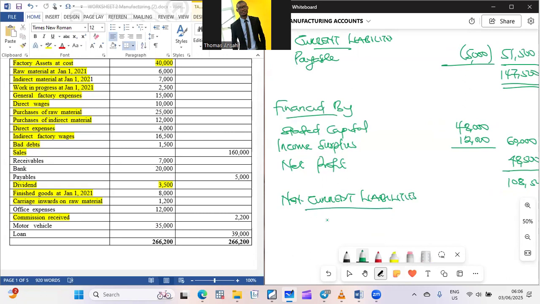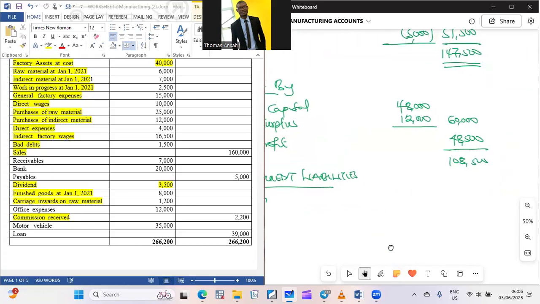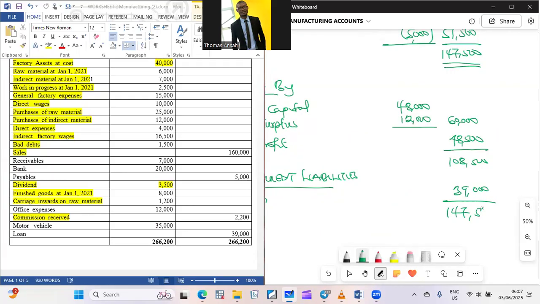I have loan. So the loan is 39,000. So if I add 39,000, yeah, it balances at 147,500. All right, so ladies and gentlemen, this is it.